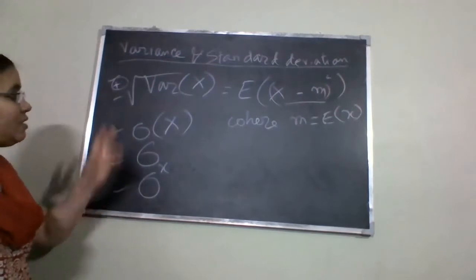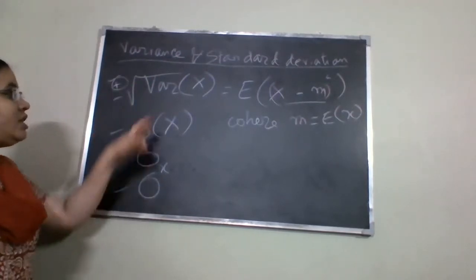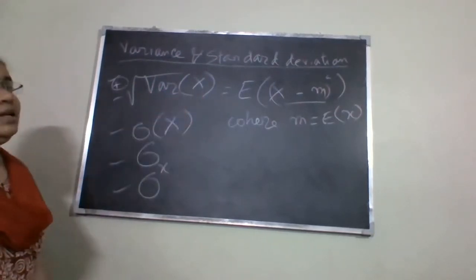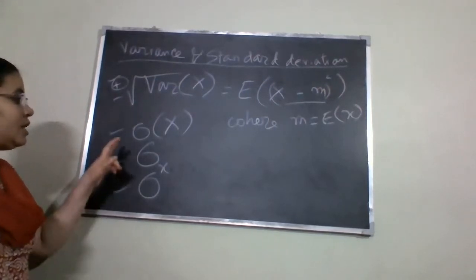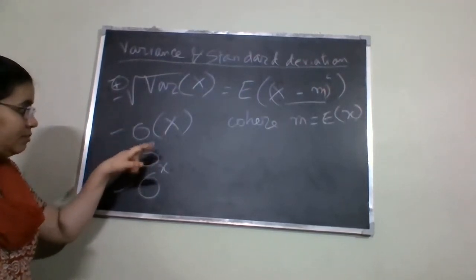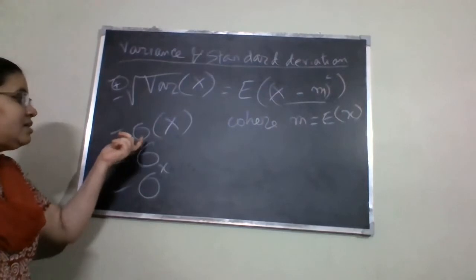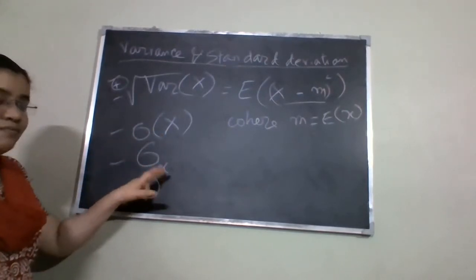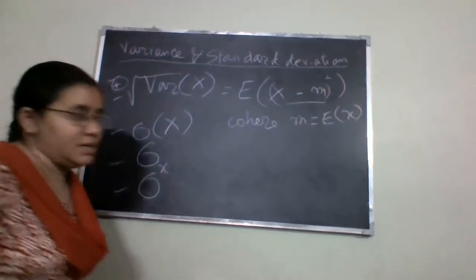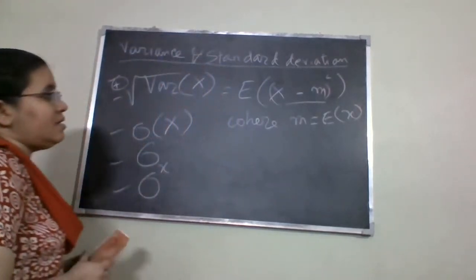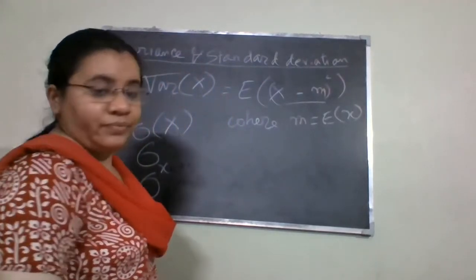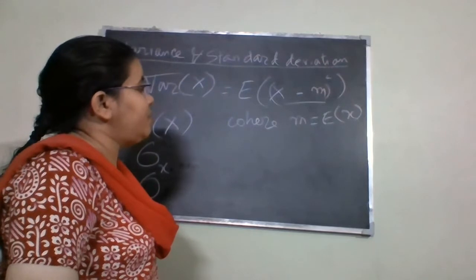Just choose the positive value, and that gives you the standard deviation of the variable X. We can write it as sigma X, or sigma suffix X, or simply sigma. Is this portion clear for all? Up to this, is it clear?